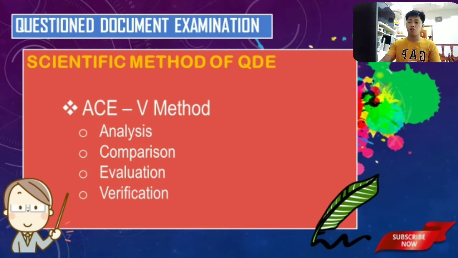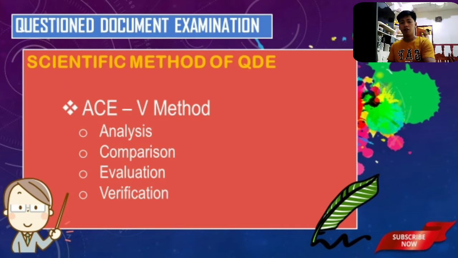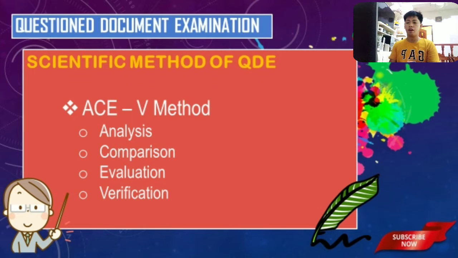ACE-V method pertains to the analysis, comparison, evaluation, and verification process conducted in order to come up with a conclusion whether a question document and the standard meet with each other. Kumbaga magkaparehas siya. So that is done scientifically, hindi siya hinuhulaan lamang. There is a scientific process to it, and we can illustrate that through the so-called analysis, comparison, and evaluation method. And lastly, we have the verification process.